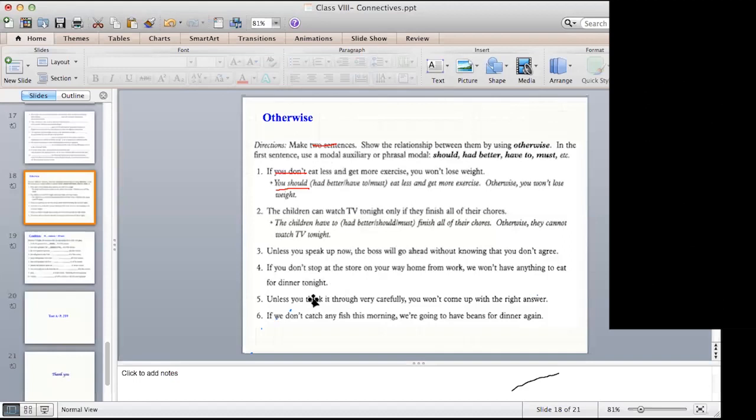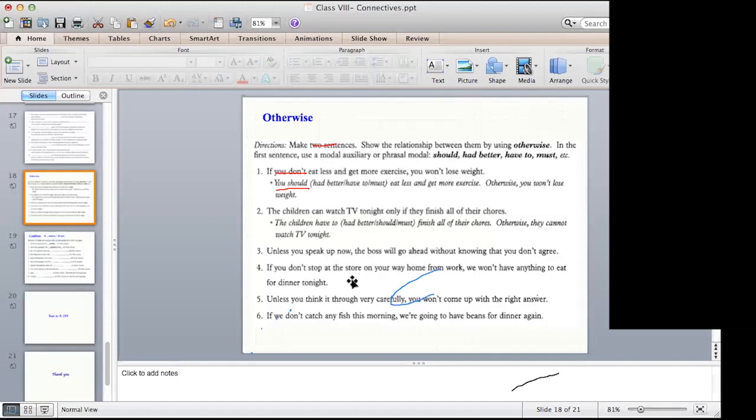But if something is really urgent, an obligation, for example, unless you do the homework, you won't get the grade. This is an obligation, so you must do your homework, full stop.